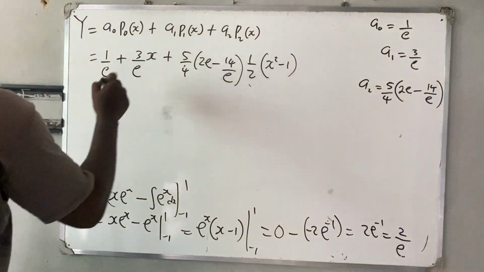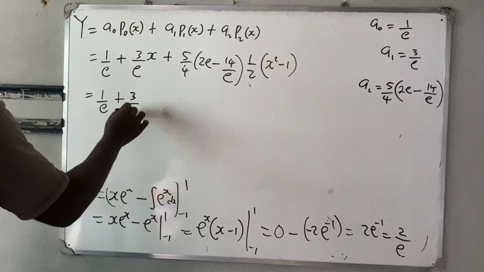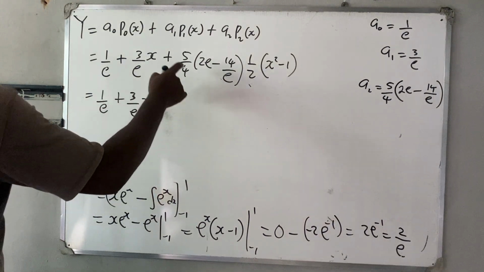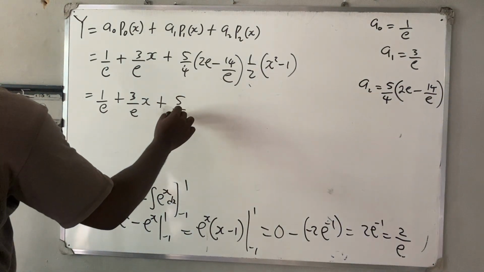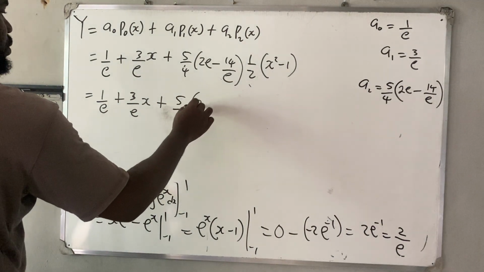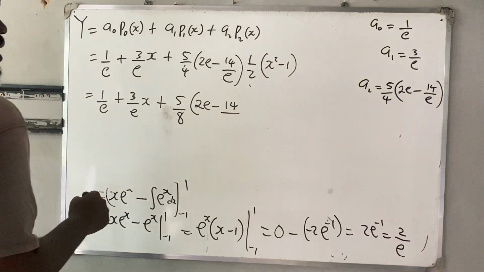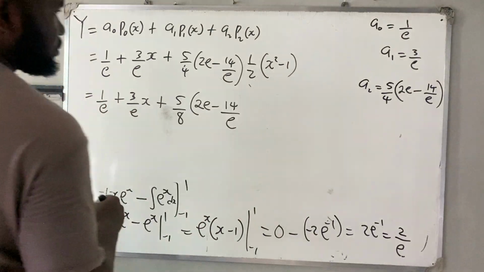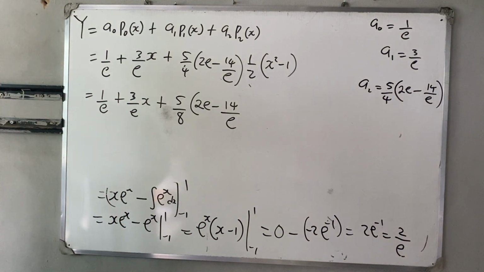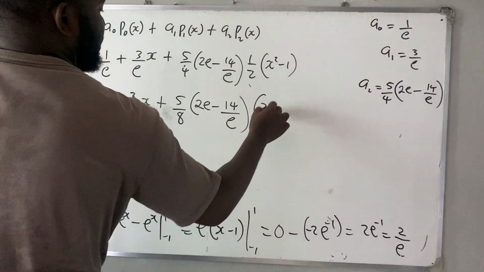So this time this will give you 1 over e plus 3 over e x plus 5 over 8 into 2e minus 14 over e, then into x squared minus 1. I don't know, do your own.